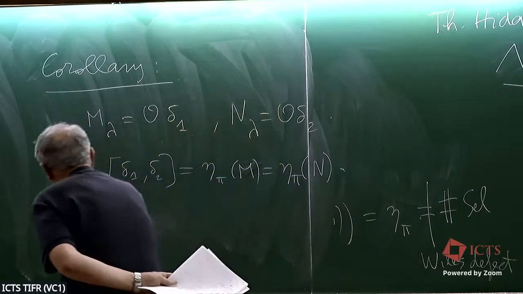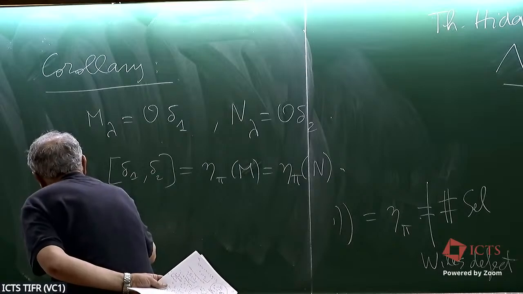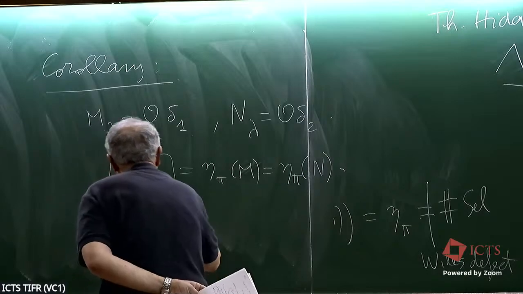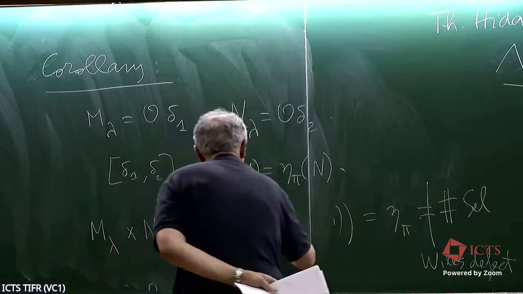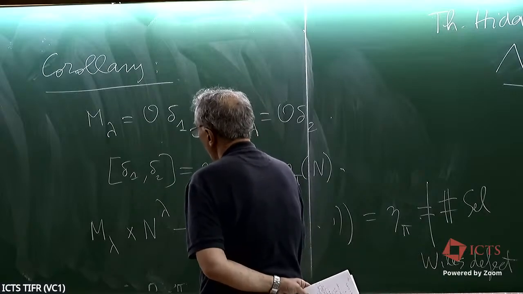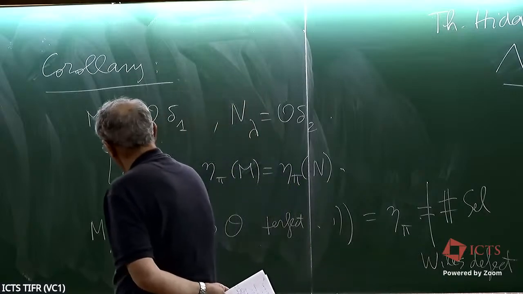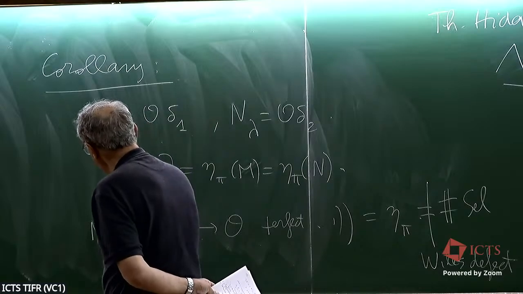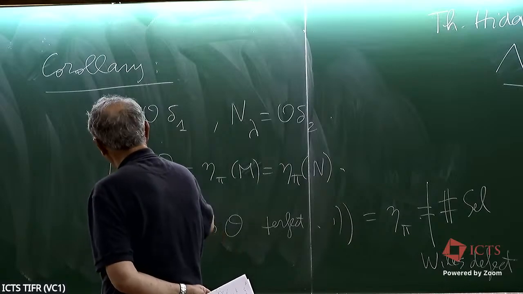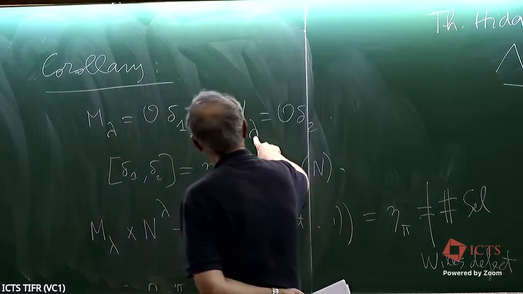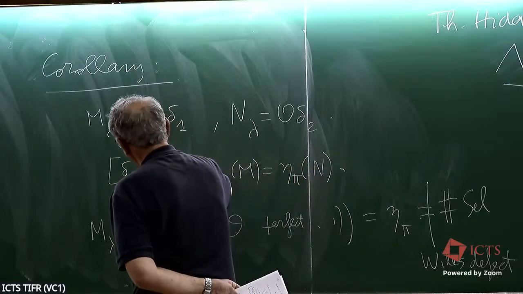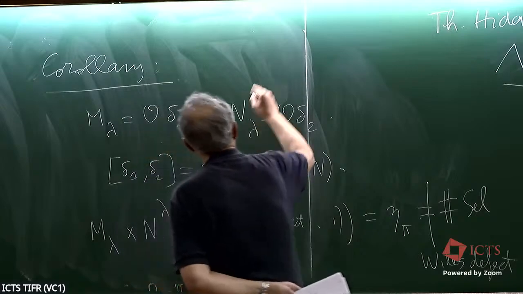Well, because we have just seen that there is a perfect duality between M^Λ and N^Λ. This is perfect. So if we take a basis of this one and a basis of that one, we get 1. But here we take δ2 to be in N_Λ. So how can you compute δ2?